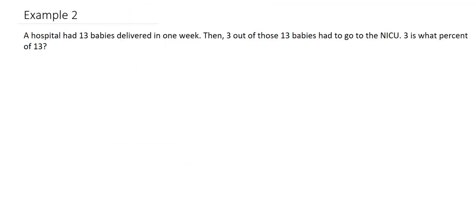Example 2, a hospital had 13 babies delivered in 1 week. Then 3 out of those 13 babies had to go to the NICU. 3 is what percent of 13? So we're still solving for what percent, so that's going to be our unknown. That will be our x eventually.